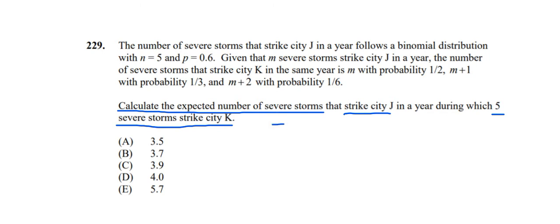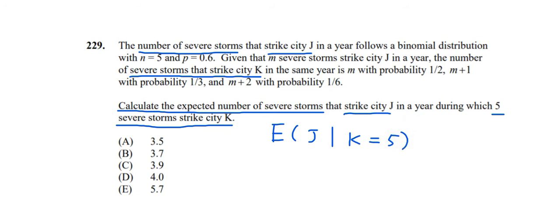We want to find the expected number of J. Let's say J stands for the number of severe storms that strike city J. So the condition is on K, which is the number of severe storms that strike city K. So when K equals 5, we want to find those probabilities.